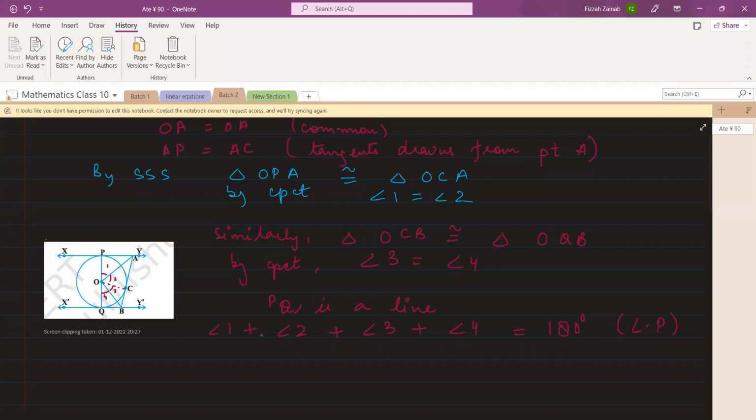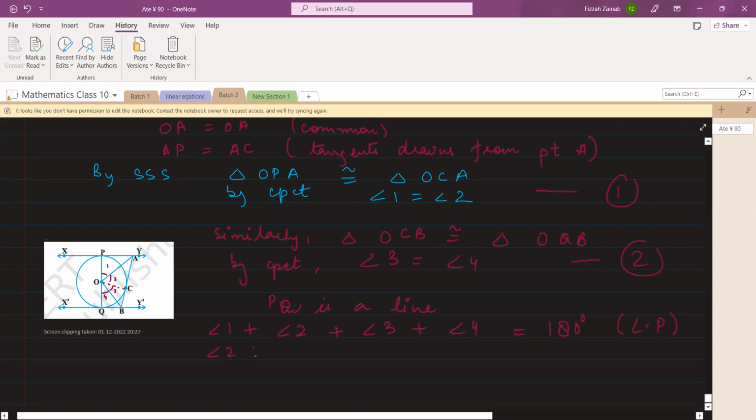Now, angle 1 and angle 2 are equal. So I can replace angle 1 here because ultimately I want the answer in terms of angle 2, right? So angle 2 plus angle 2 plus, and similarly, I want the answer in terms of angle 3, so I'll keep 3 and replace angle 4.